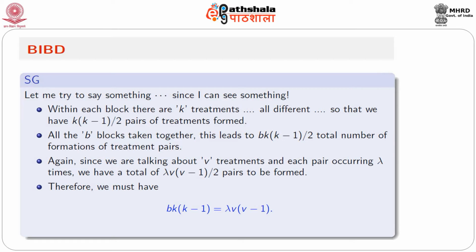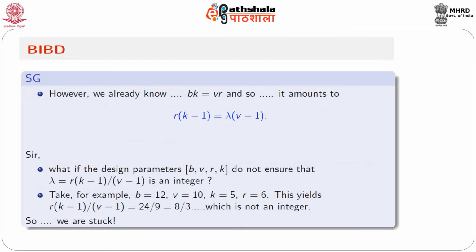So therefore, we must have B into k into k minus 1 equal to lambda into V into V minus 1. However, we already know that Bk is equal to V into R, and so it amounts to R into k minus 1 is equal to lambda into V minus 1.